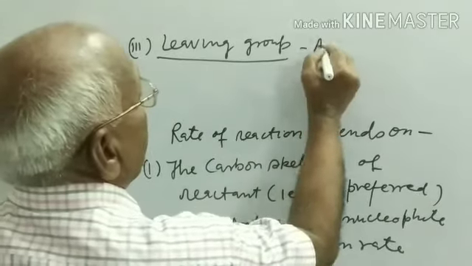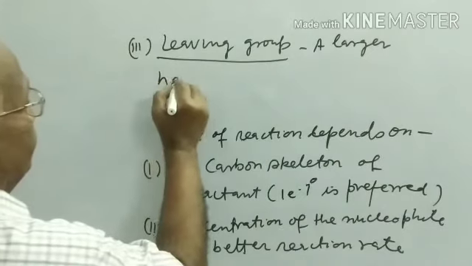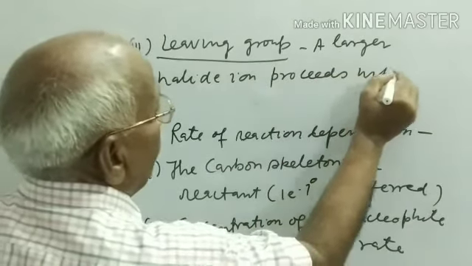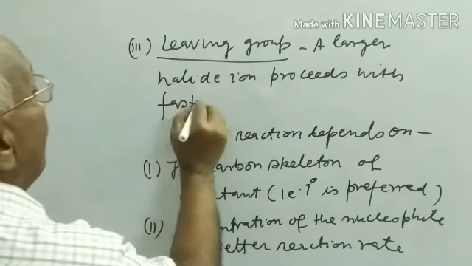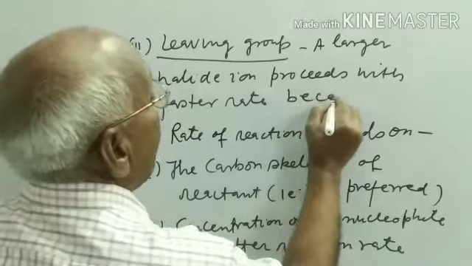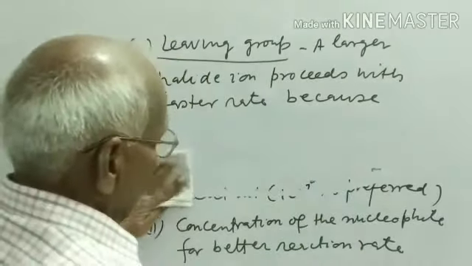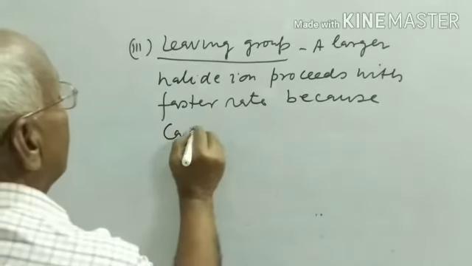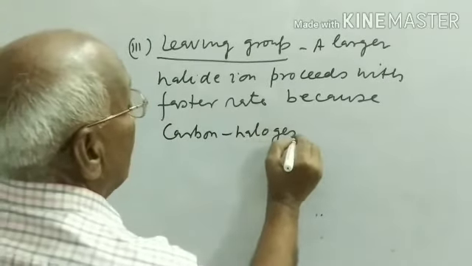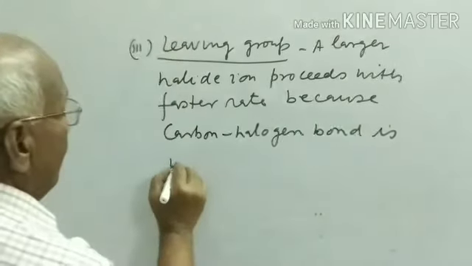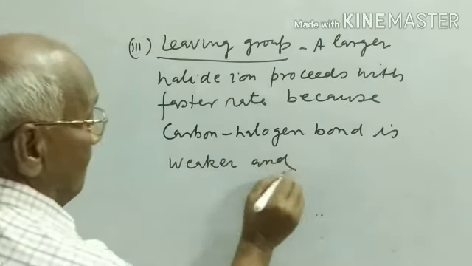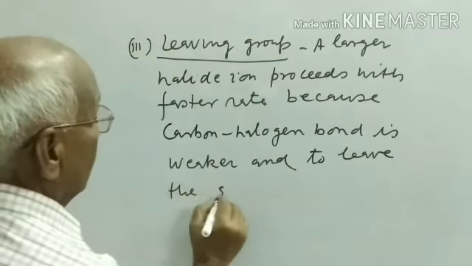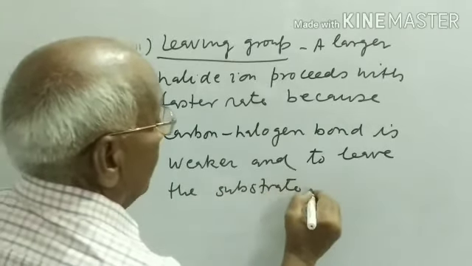A larger halide ion proceeds with faster rates because the carbon halogen bond is weaker, and to leave the substrate is fast.